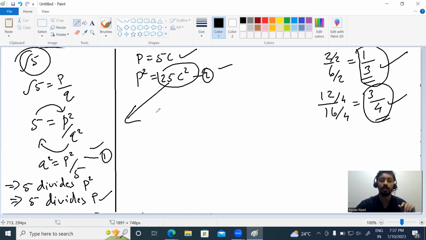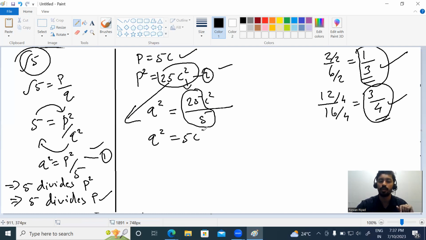So the first equation becomes q square, no change on the left side, equal to p square, which is 25c square, divided by 5. Now what is 25 divided by 5? It is 5. So that equation becomes q square equal to 5c square.